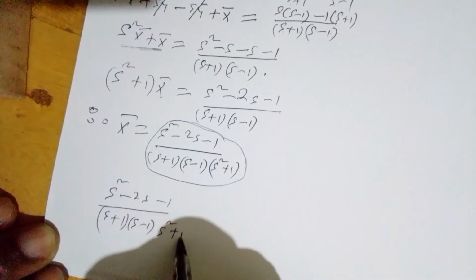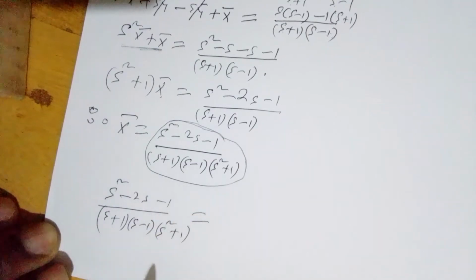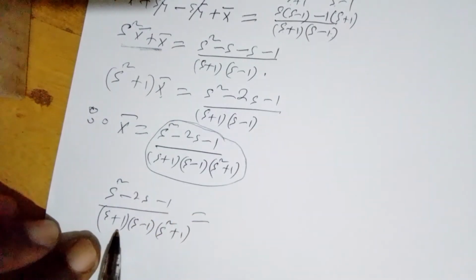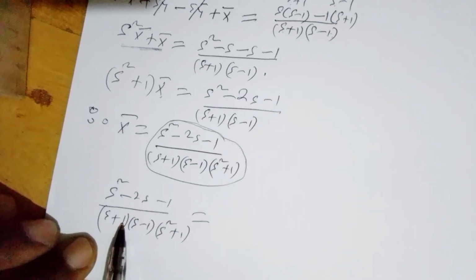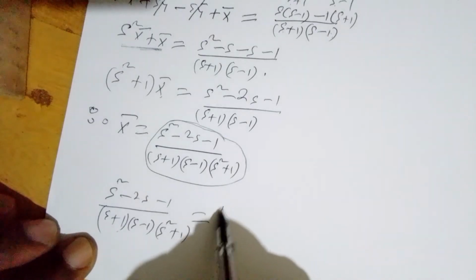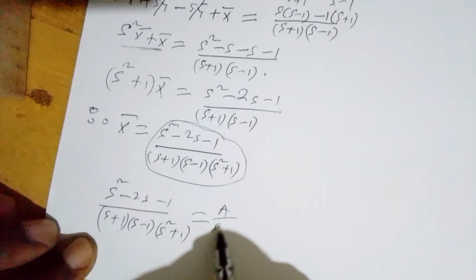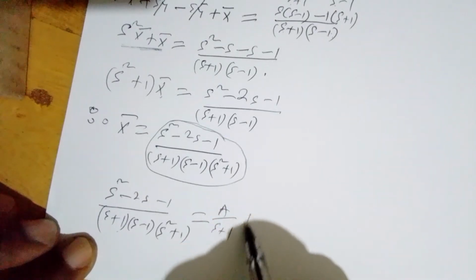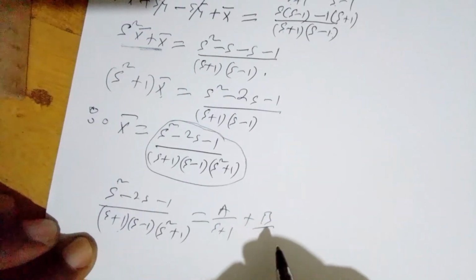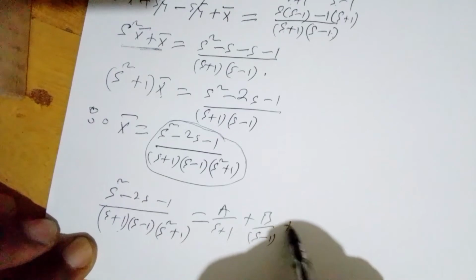(s squared plus 1). This equals to, now remember, every single linear factor in the denominator will give rise to a single partial fraction. Therefore, here we should have A over s plus 1 plus B over s minus 1, then plus.